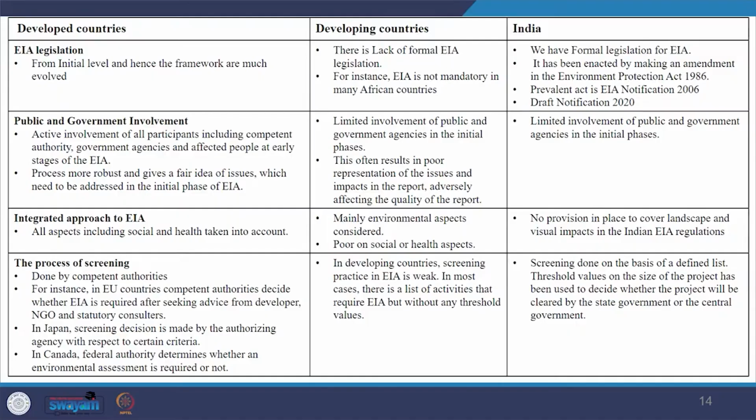Further, we look at how alternatives are really considered in the EIA process. When we say alternatives, we mean how many options and proposals we are really looking into, in terms of design alternatives and location alternatives.